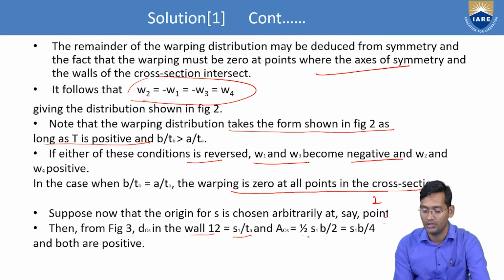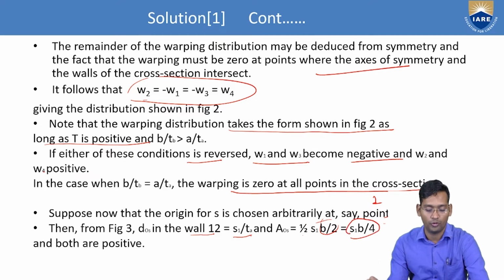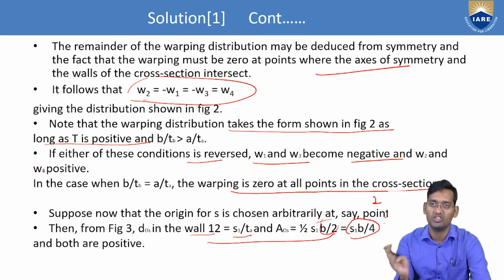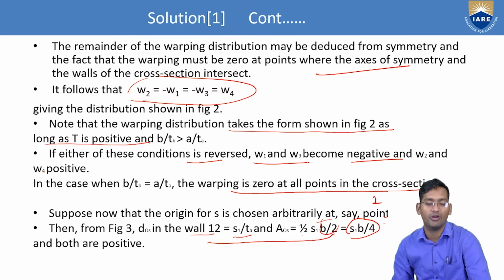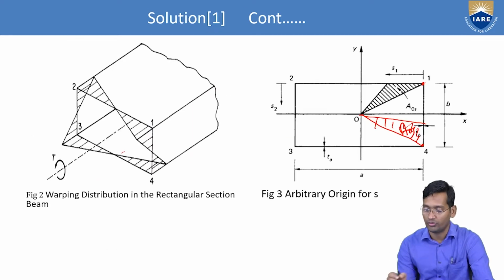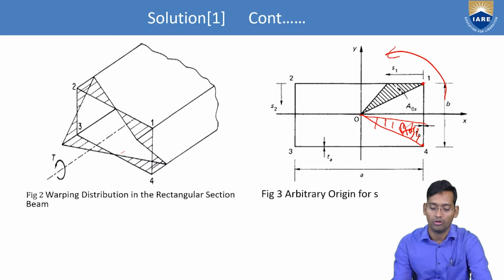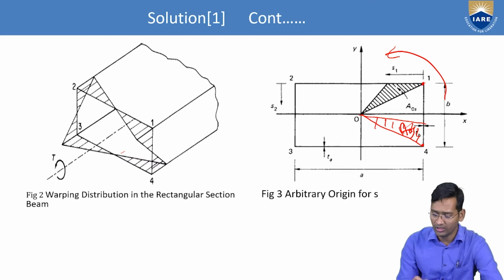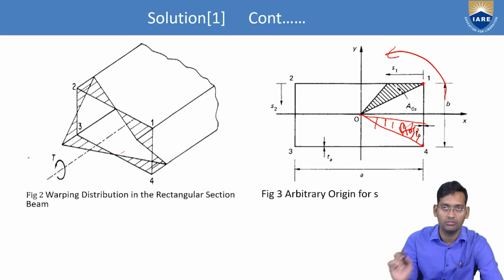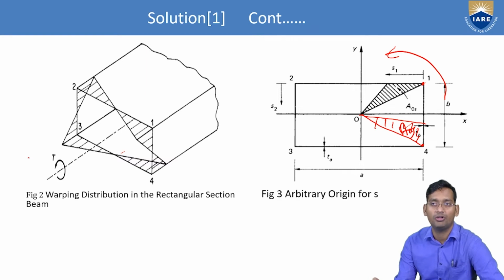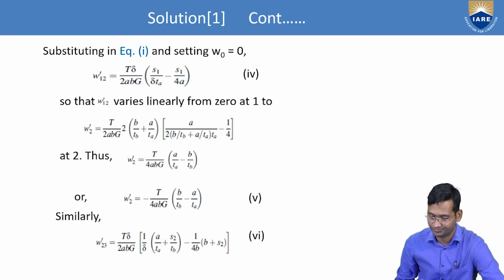Half base into height. So half base and height is B by 2. Finally this becomes S1 B by 4, and both are positive because it is going counterclockwise, or anti-clockwise. So here also you can see that the torsion is counterclockwise.